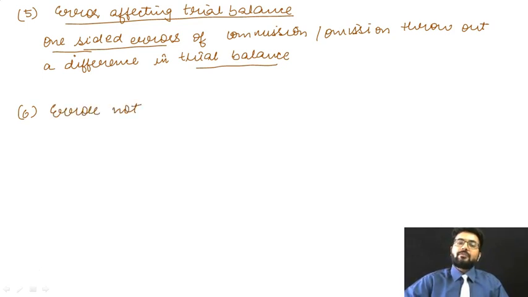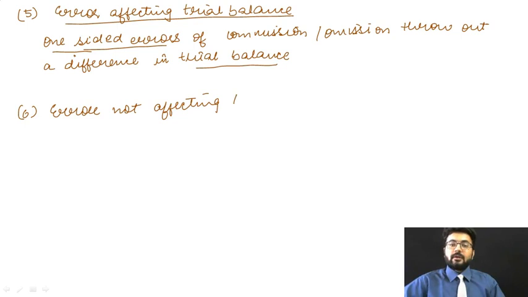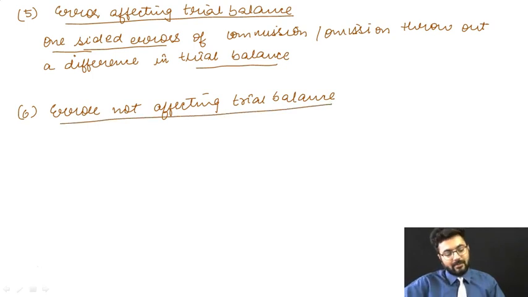Sir, what is error of commission and error of omission? I am going to give you a detailed study on this. Errors not affecting trial balance: what does this mean? This means there are a few kinds of errors which are not going to affect the trial balance.